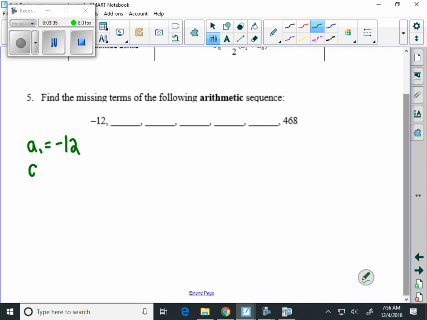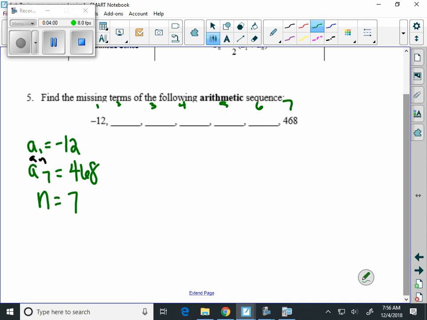Counting the blanks, here's 1, 2, 3, 4, 5, 6, 7. A sub 7 is 468. And once again, remember this is a sub n. This means that n equals 7.